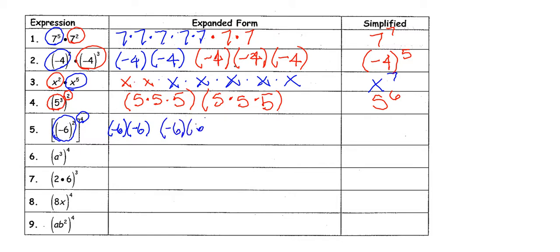So -6 times -6, there's 2 times. -6 times -6, there's 3 times. -6 times -6, there's 4 times. And again, this is all just multiplication with our base of -6. And our exponent would be how many times we wrote this. 1, 2, 3, 4, 5, 6, 7, 8. So -6, which is in parentheses, raised to the 8th power.